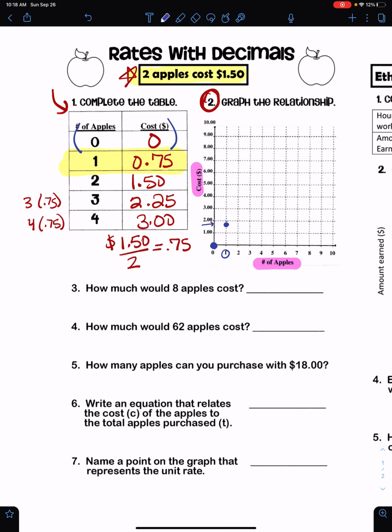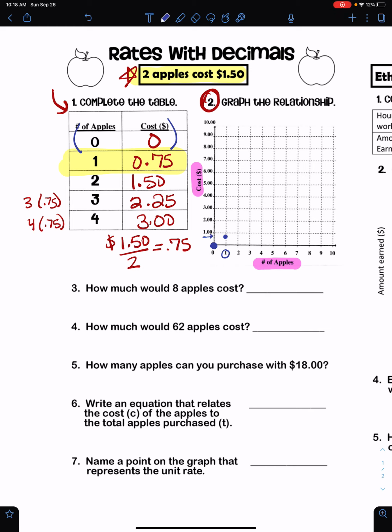I can't zoom in anymore. Then 2 apples is $1.50. No, wait, whoops. I made a mistake, but I'm not going to start the video over, so we're going to roll with it. 1 apple is 75 cents, which is right here, because it would be 3/4 of the way to 1 from 0.